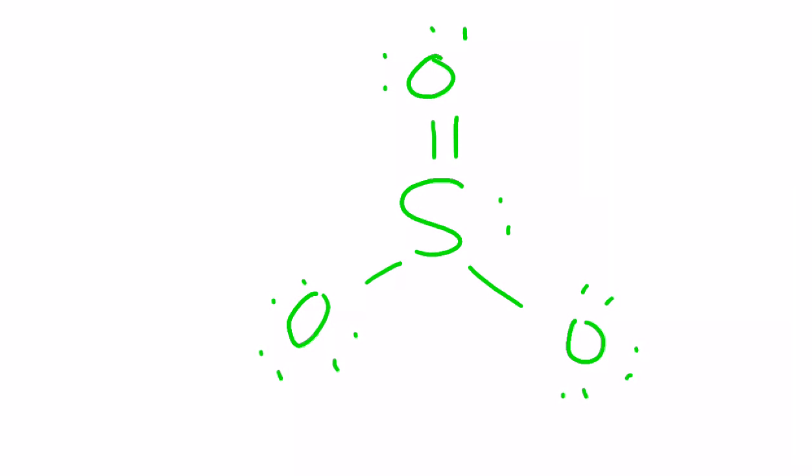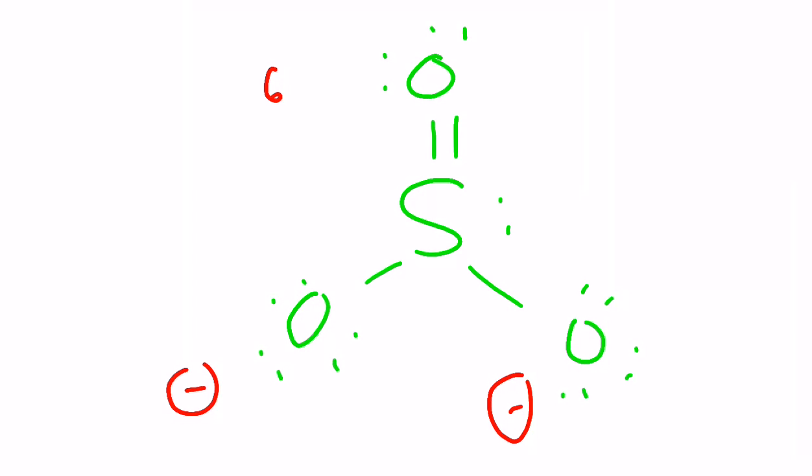And now, if you calculate formal charge on all of the atoms, these ones that are singly bonded still have a -1 charge. And then let's calculate for this oxygen that has a double bond now.